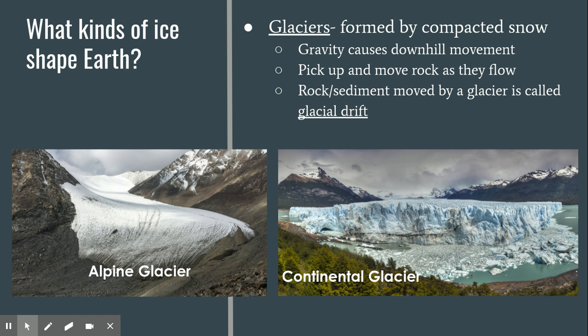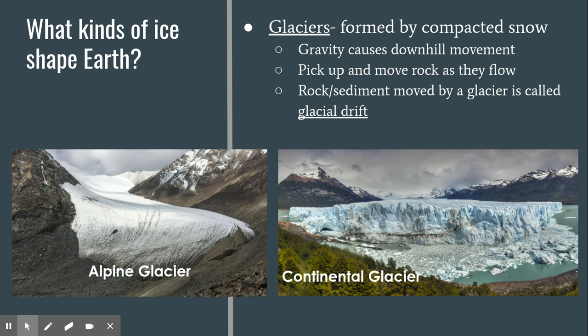Usually this happens in the form of glaciers, and there's actually more than one kind of glacier out there. But all glaciers are formed from snow that falls and then gets squished down and compacted. So when that happens, all that snow being compacted turns into a very dense ice. Gravity is going to play a role in the movement of these large sheets of ice, and it's going to cause all that stuff to go downhill.